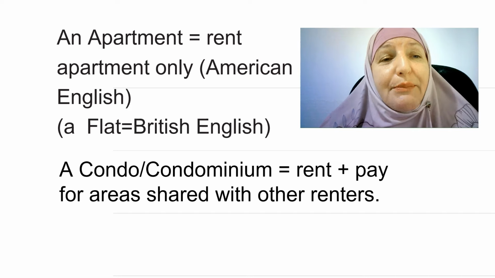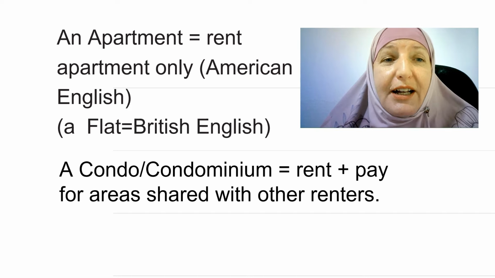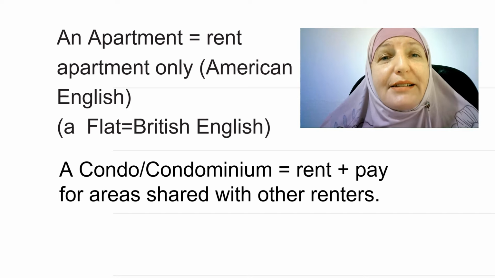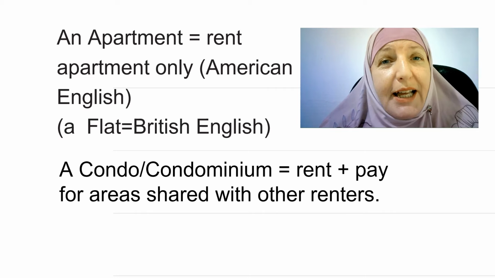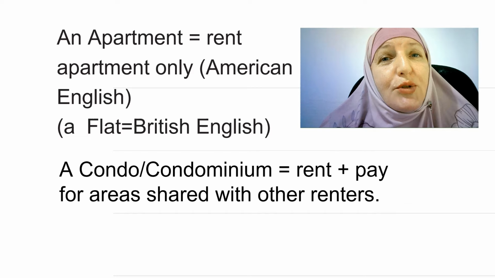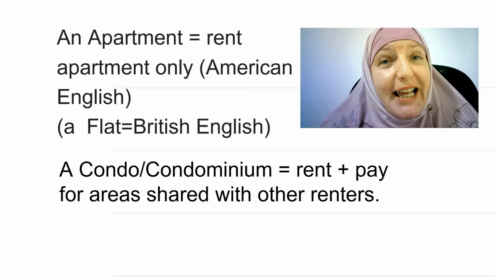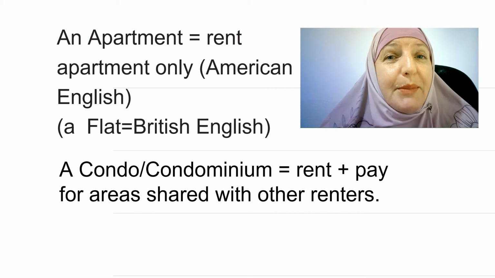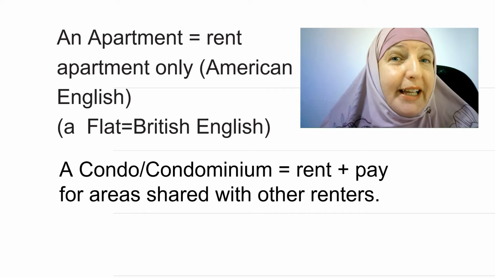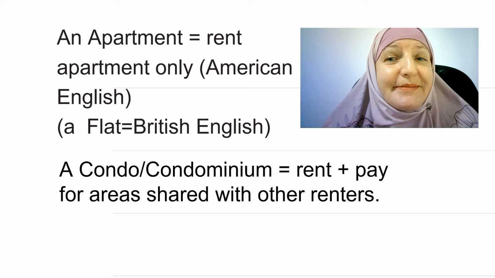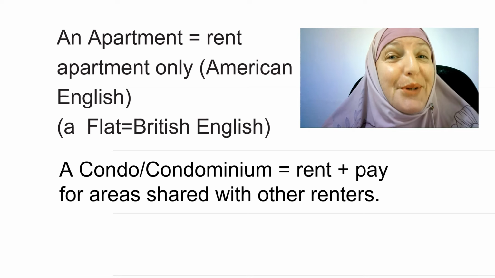Usually flats and apartments are smaller than condos, making the flats more affordable. And as a side note, apartments are usually called apartments in the US, United States, and flats are more common in Europe or England with British English.